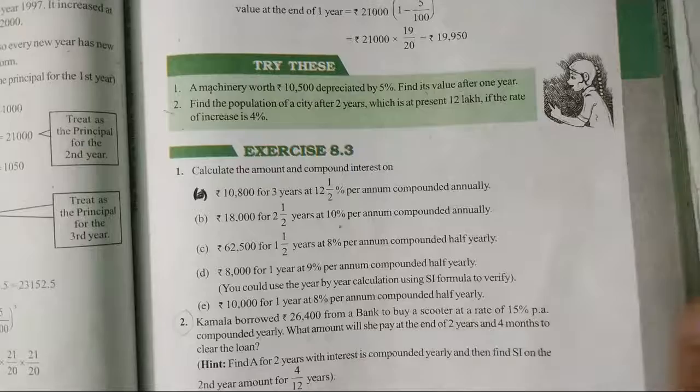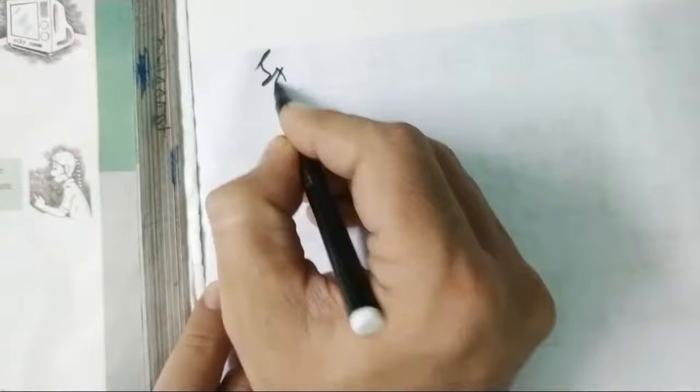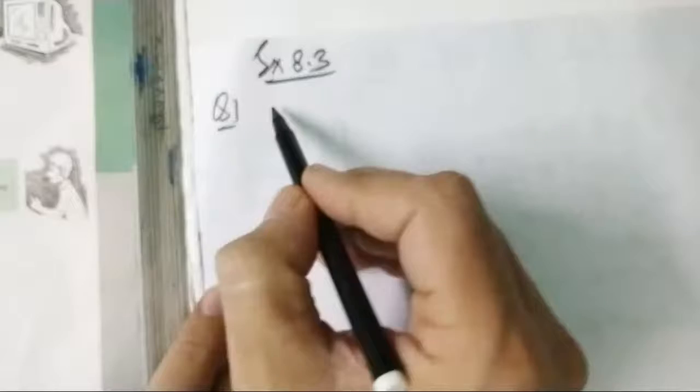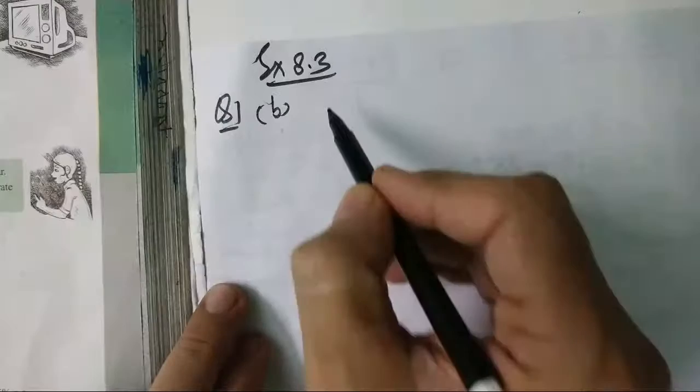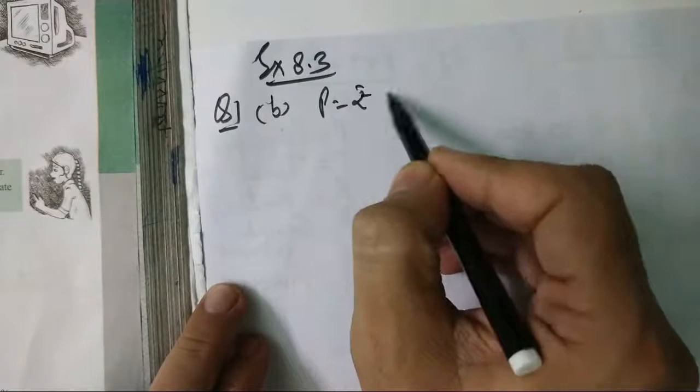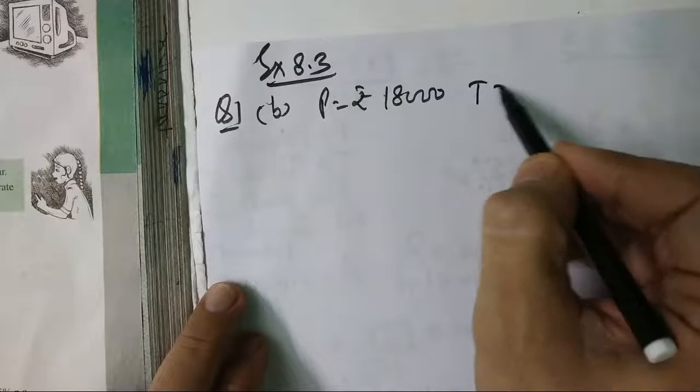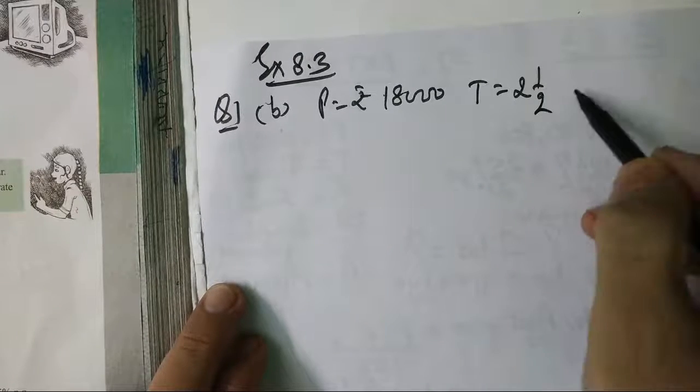So let's start. The B part is a question where the principal is given as rupees 18,000 and the time is given as 2.5 years.